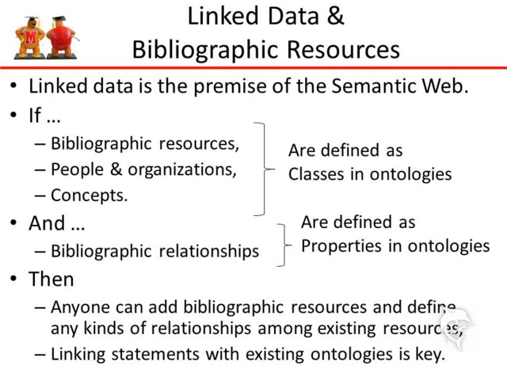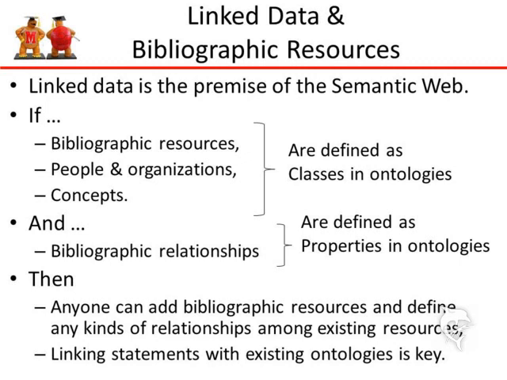And then the slide says that bibliographic relationships could be defined as properties in ontologies. So properties would be things like the object properties. I'm looking right now at page 5 of the Freedmen's Bureau ontology that you got in class if you want to read along. There's an object property called sender that defines a relationship between a letter and a person.